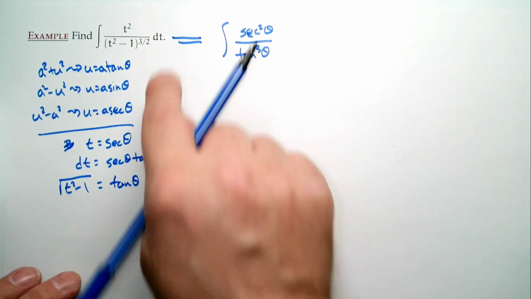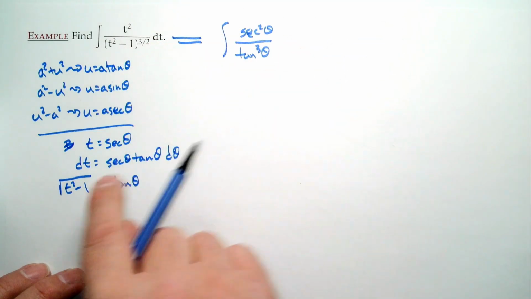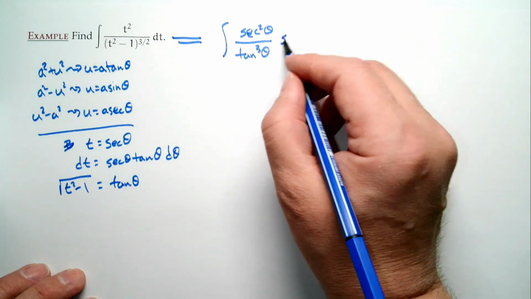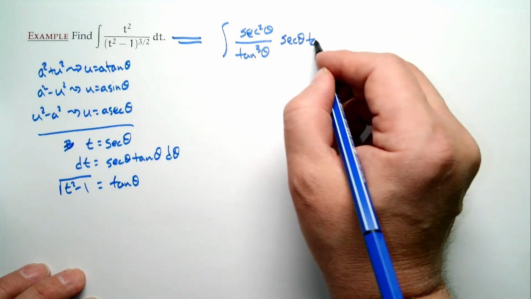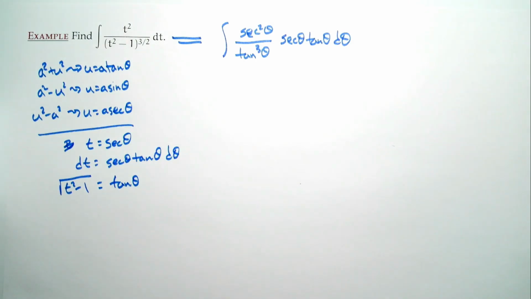And don't forget the dt term. That's why it's good to get into the habit of always writing down your dt's, so you don't forget them. It's going to be really important next semester when you're doing multivariable calculus. Good times. So there's our integral. We can do a little bit here.